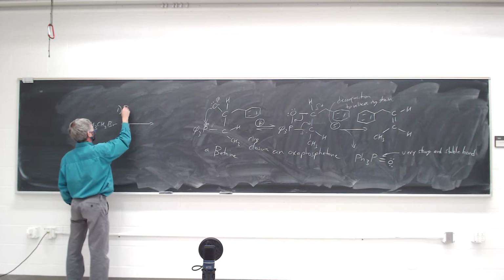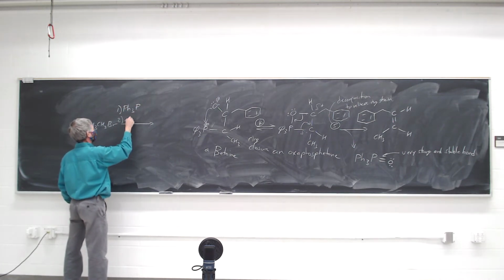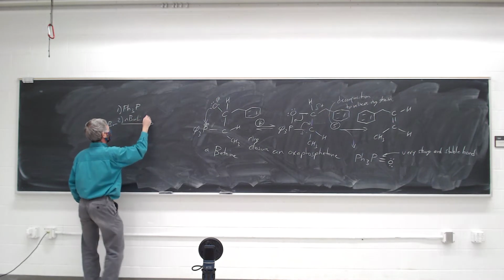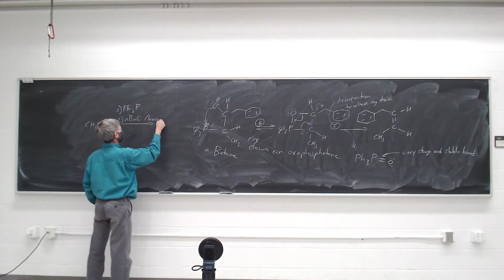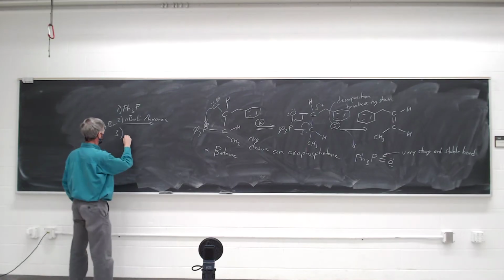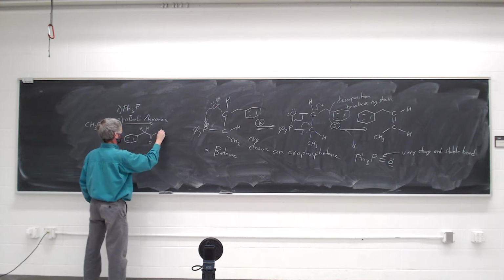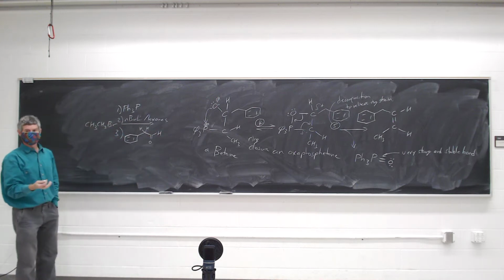Step 1 would be to add triphenylphosphine. Step 2 would be to add n-butyllithium in hexanes. Step 3 would be to add the carbonyl compound, in this case, the aldehyde.